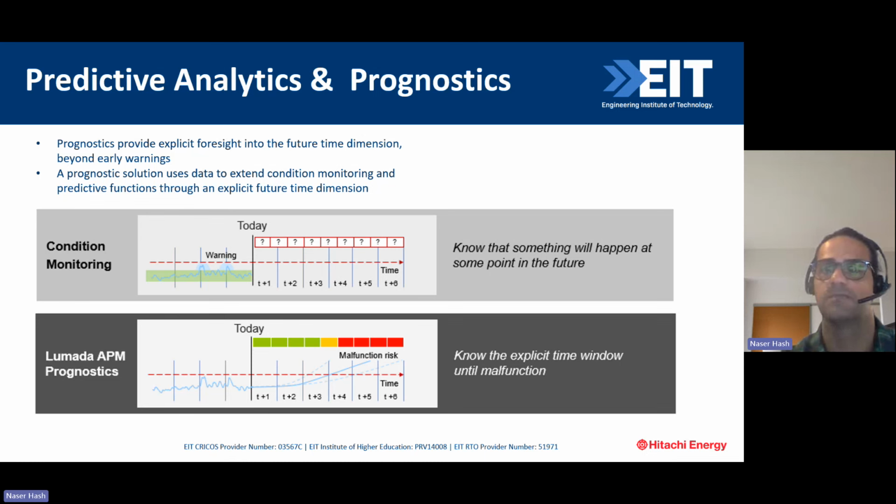Future means the prognosis. Future means forecasting. Forecasting a failure mode for equipment based on the input data, based on the real-time monitoring data. So what I want to say here is that prognosis modeling, where we use machine learning and an expert model, can support condition monitoring on top of that.